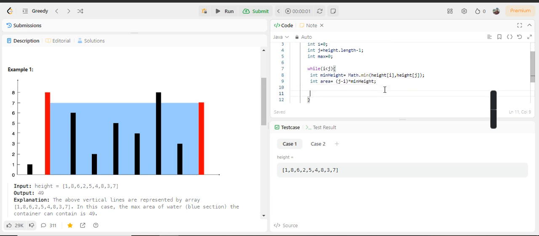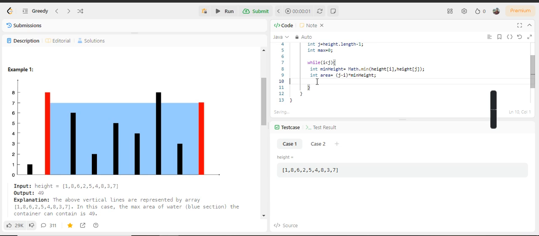Now we will find the max: maxArea equal to Math.max(maxArea, area). So whichever is the max, that will be stored.